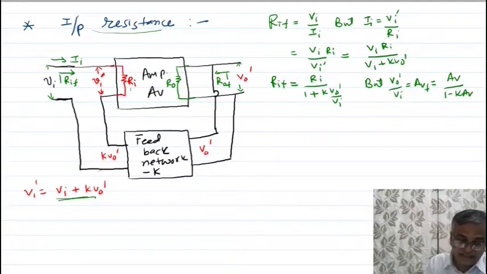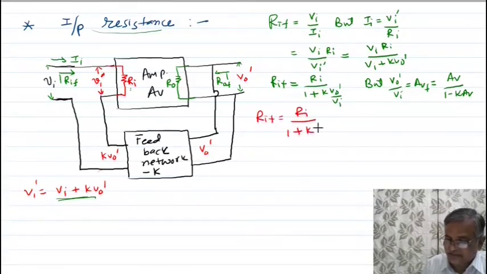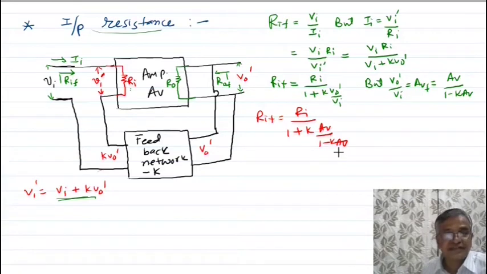So by putting this value here, I can write Rif is nothing but Ri upon 1 plus K Av upon 1 minus K Av. You are masters in mathematics, so you can easily solve this equation.